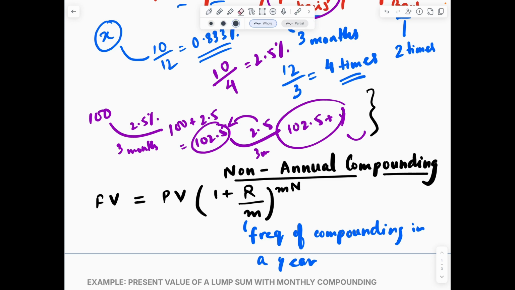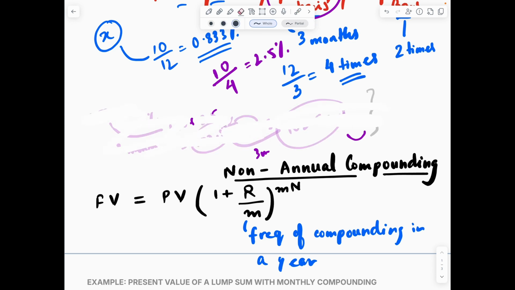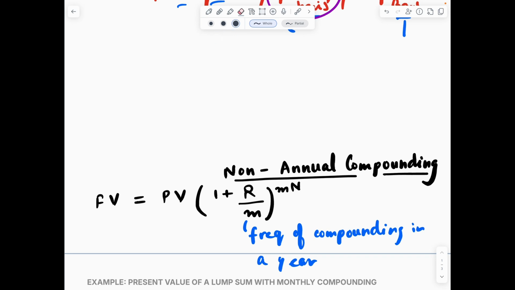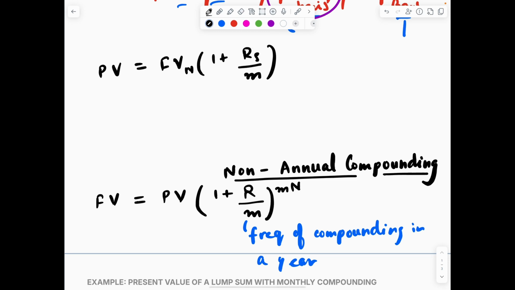Alright. In your book, the formula is written something like this. Present value equals future value into (1 plus R by M) to the power minus MN.